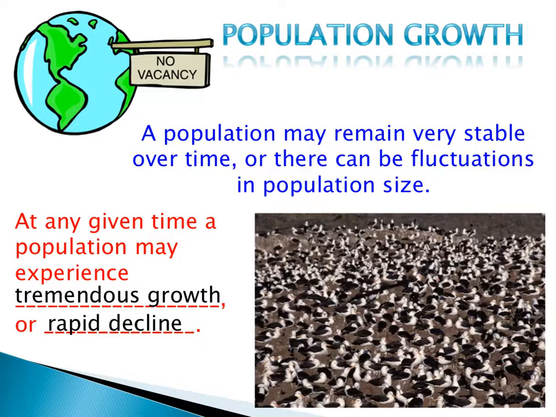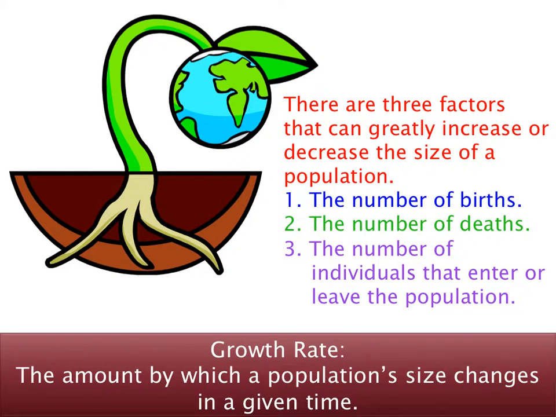Populations tend to grow at various rates, but for the most part they stay stable over time. Although there are fluctuations, at times they may go through tremendous growth or even rapid decline. Under normal circumstances, there tend to be three factors that either greatly increase or decrease the size of the population.